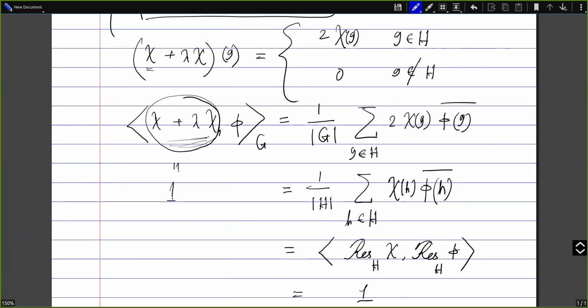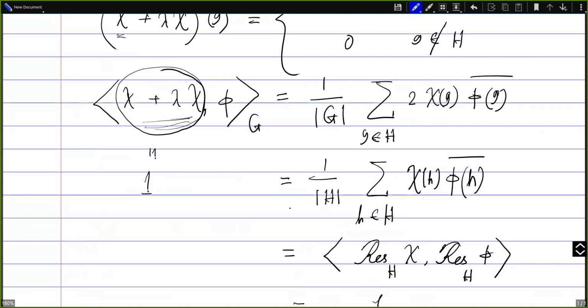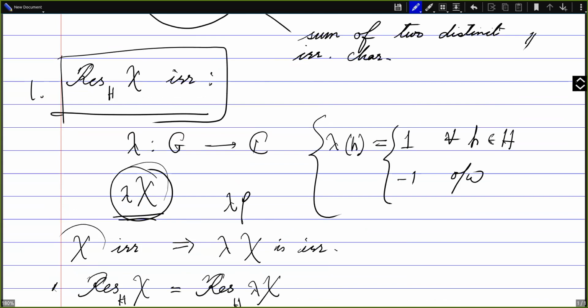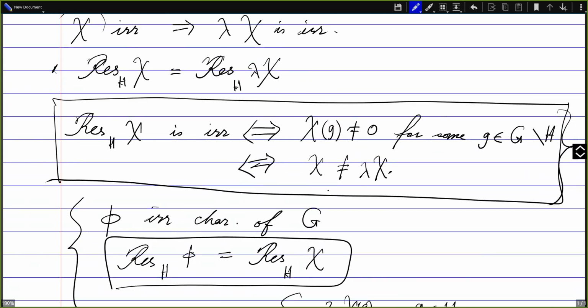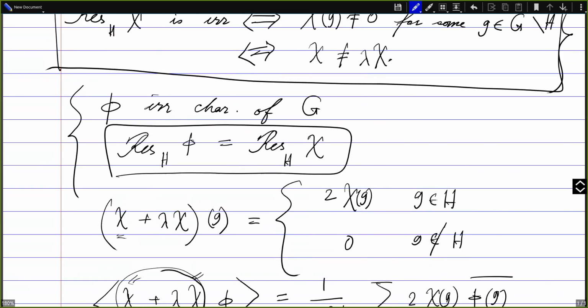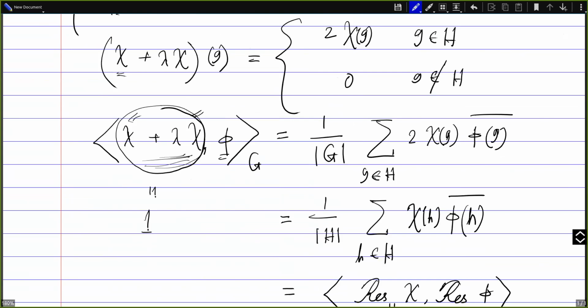Okay, and that really tells us a lot, because both these are distinct irreducible characters. They are distinct because we have assumed that this is irreducible, and this is also an irreducible character according to our choice. So here you have a sum of two irreducible characters, another irreducible character, with inner product 1. So what does that mean? Doesn't that imply that phi is either chi or lambda chi, right?